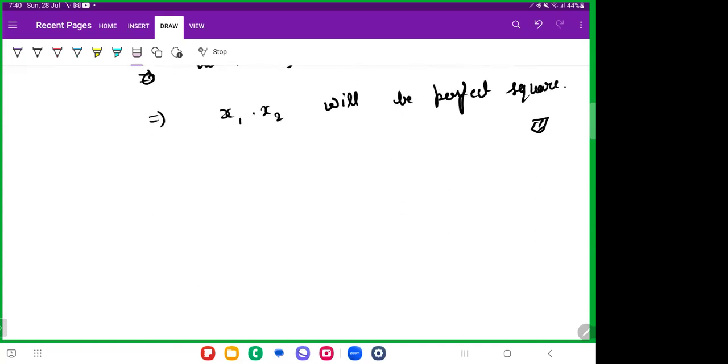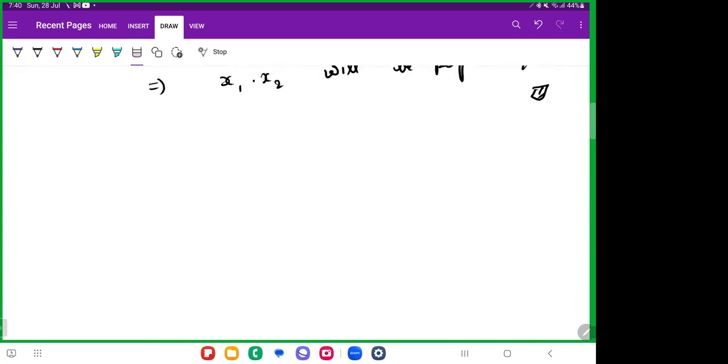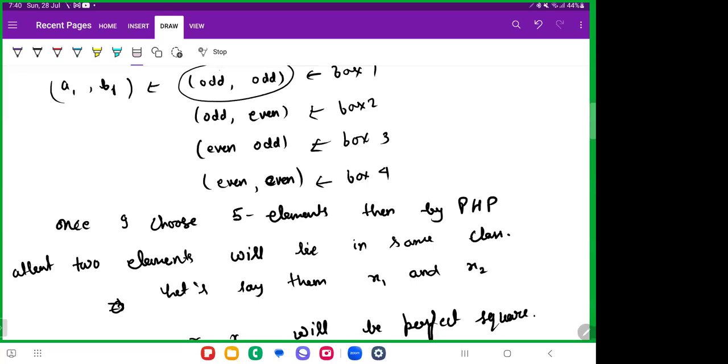Is this clear? Sir, when we say we are choosing 5 elements, then you are saying that we'll fall into one of these buckets. Right. Sir, but is it necessary for the count to be 5, or can anything less also give the same result? No, 5 is the least.